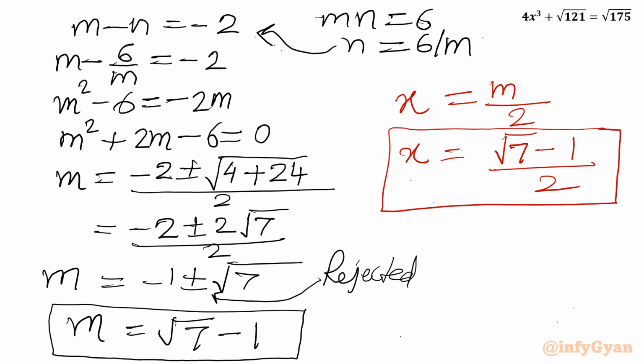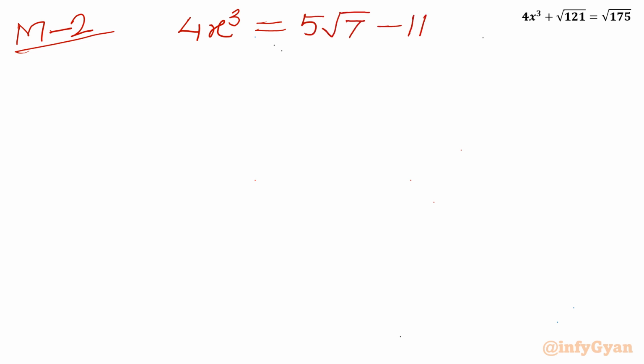And let us see the shortcut method also, method 2. I will be writing here method 2. So the equation was 4x cube equal to 5 root 7 minus 11. Let us multiply both sides by 2. So I can write 8x cube equal to 10 root 7 minus 22.